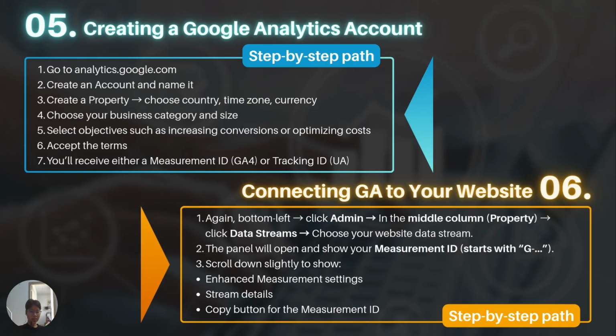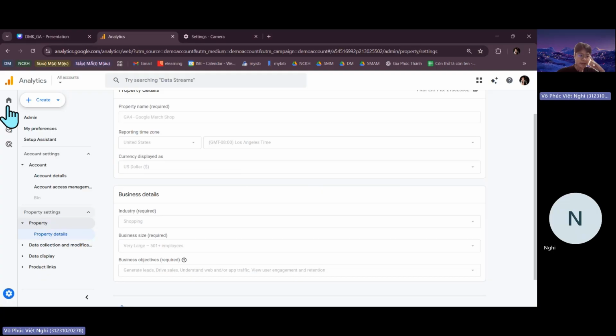Similar to creating an account, now we can connect Google Analytics to the website. Similarly, you can simultaneously follow the steps on the screen and follow my instruction on Google Analytics now. Now back to the admin.